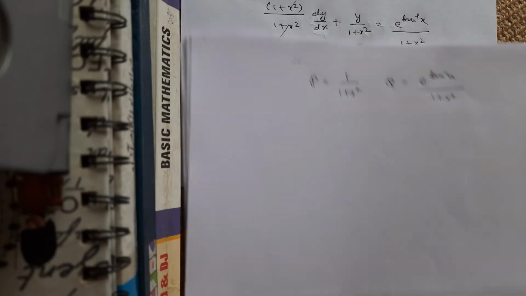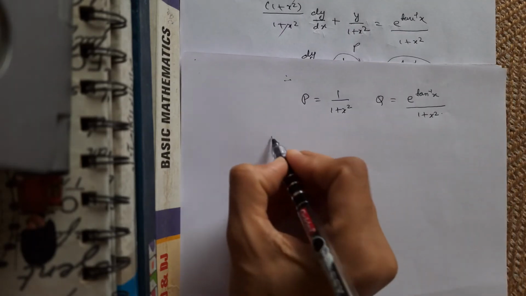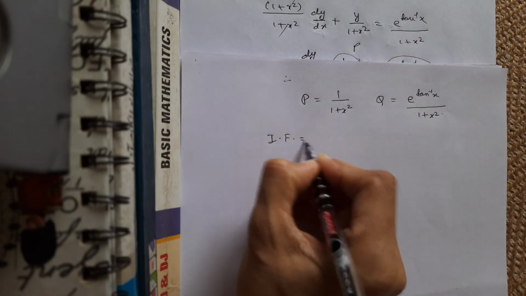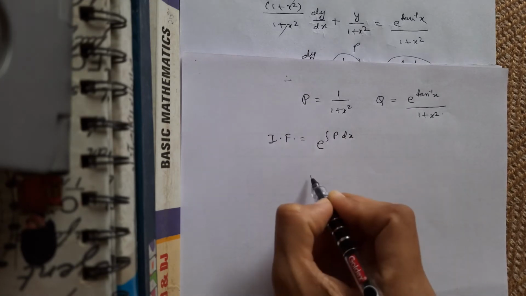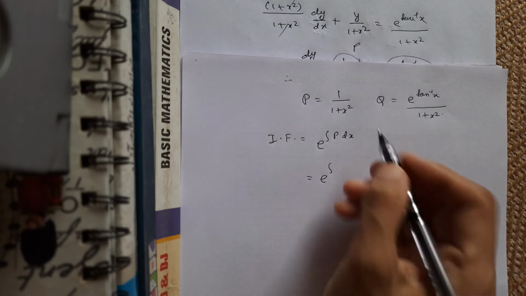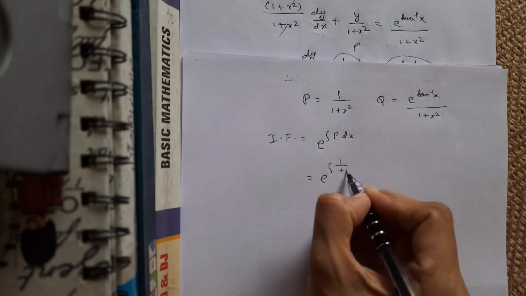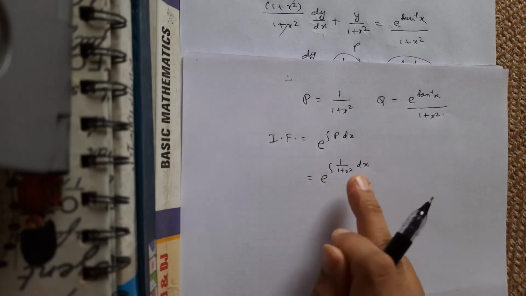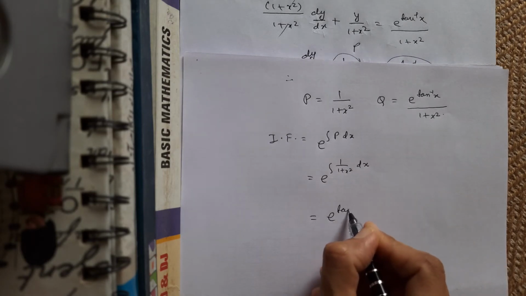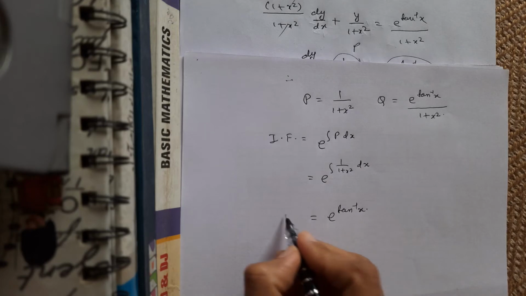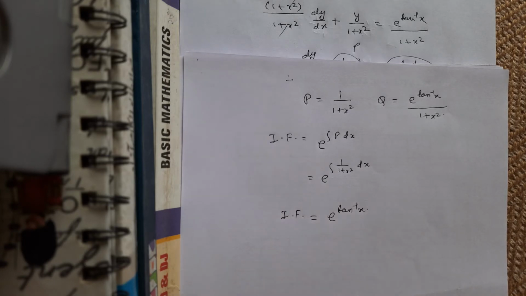Now the integrating factor IF is e to the power integration p dx, which is e to the power integration of 1 upon 1 plus x square dx. Now this is a standard integration and the value is e to the power tan inverse of x. This is the IF that we wanted to find out.